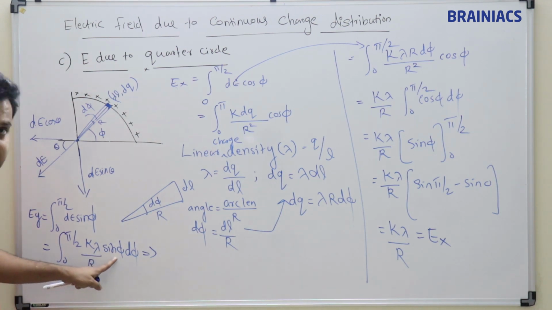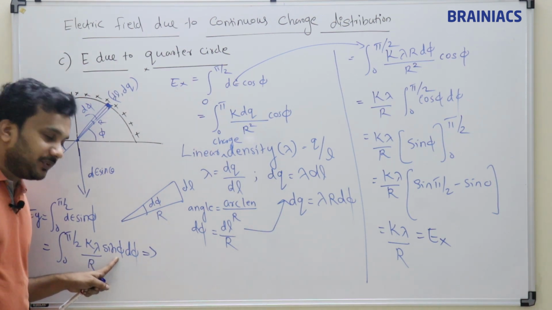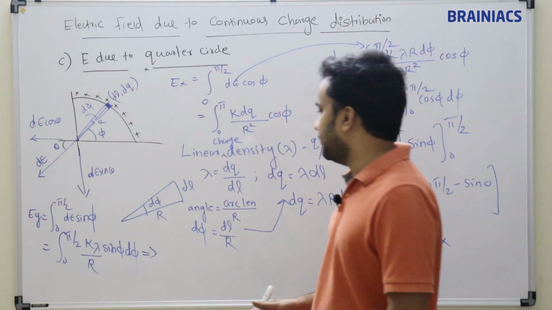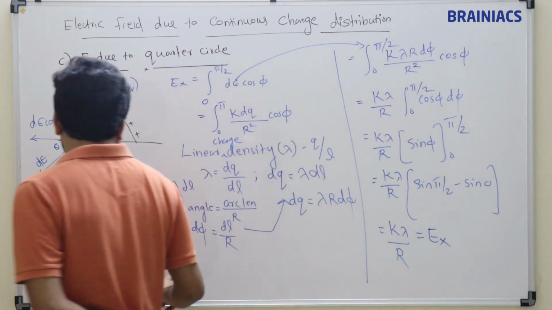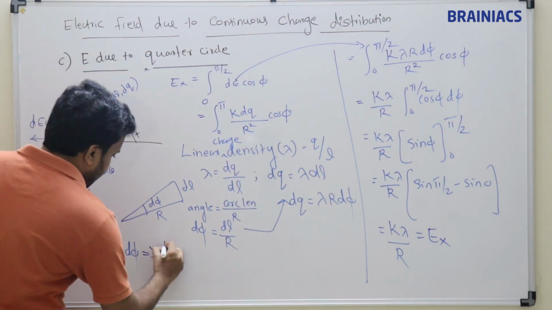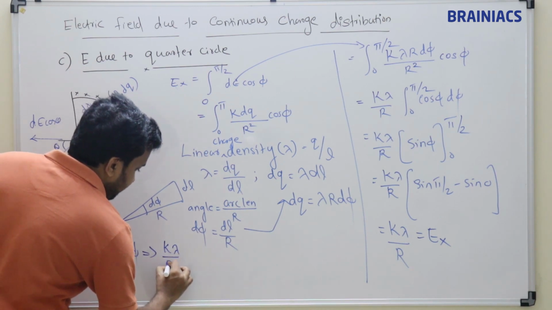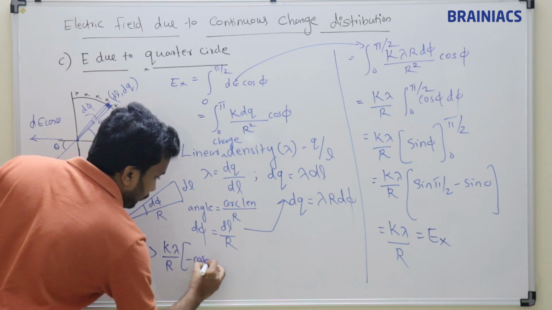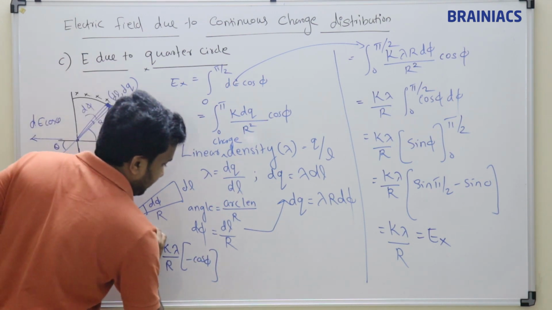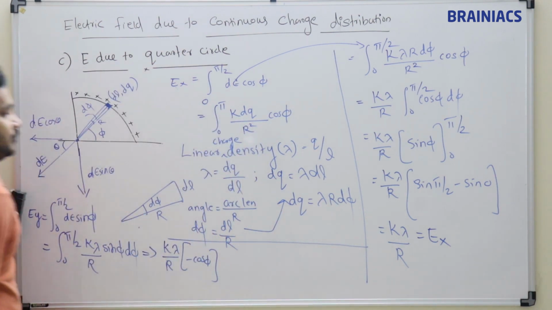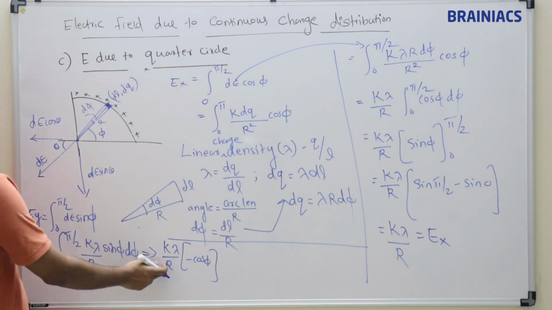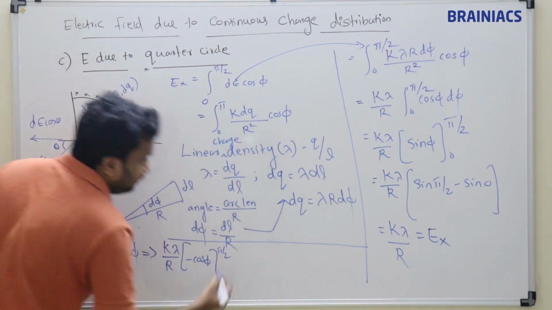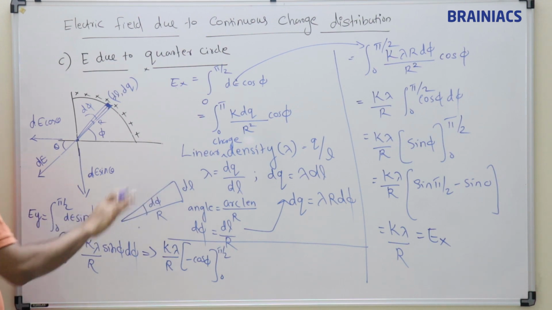Okay, what is the integral of sin phi? Integral of sin phi is minus cos phi, correct? So k lambda divided by r is constant and the integral of sin phi is minus cos phi. We'll make a demarcation line not to confuse the other one with this one. So k lambda by r, minus cos phi, integration limit is 0 to pi by 2. We'll apply upper limit minus lower limit.